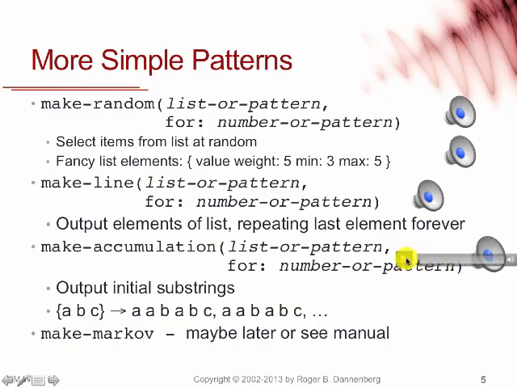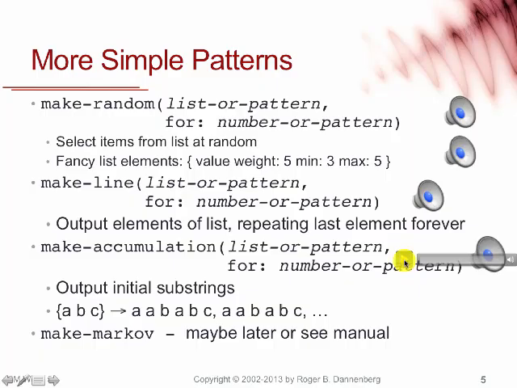And here's make accumulation, which takes the initial substrings of the input list and outputs them. So for example, if the input is ABC, we output the sublist A, and then we output the sublist AB, and then ABC, and now we've output all of the sublists, so we start over again.